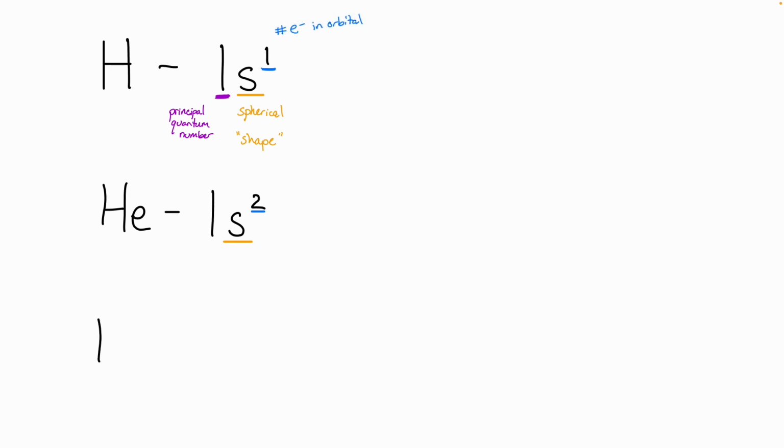The next element, element 3 on our periodic table, is lithium. So it's going to have 3 electrons. Its electron configuration is 1s2, 2s1.